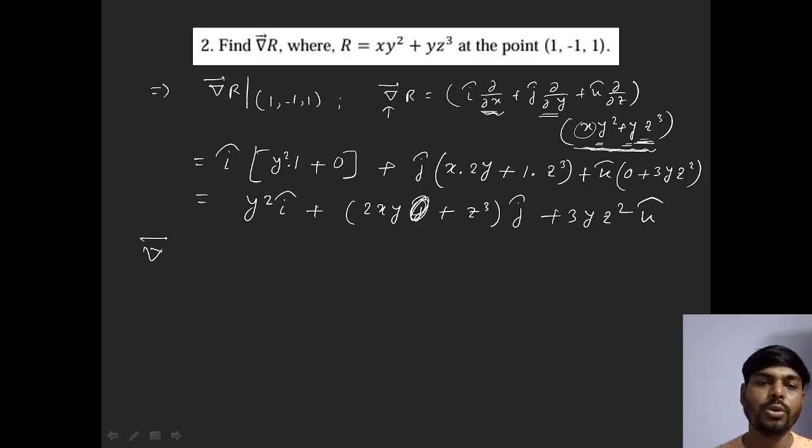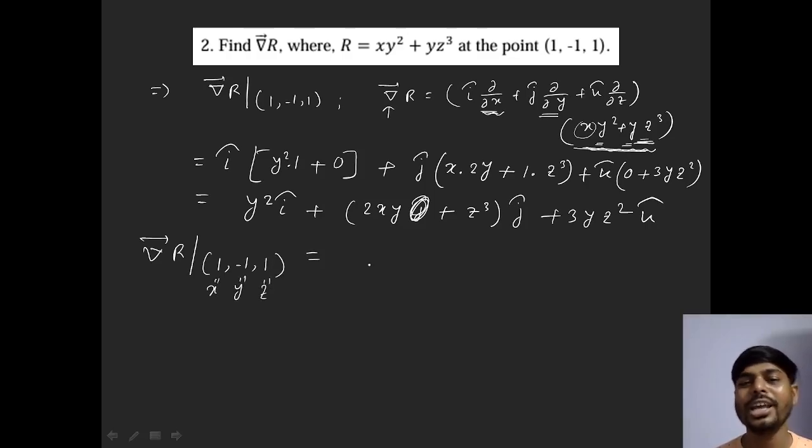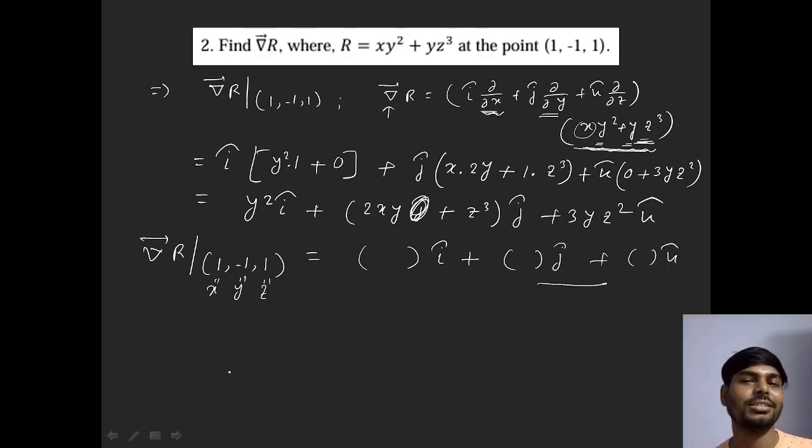Now it's your task to find this gradient of r at the point (1, -1, 1). Just insert x equal to 1, y equal to -1, and z equal to 1, and you will get the final something into i cap plus something into j cap plus something into k cap. The problems regarding gradients are very simple to solve.